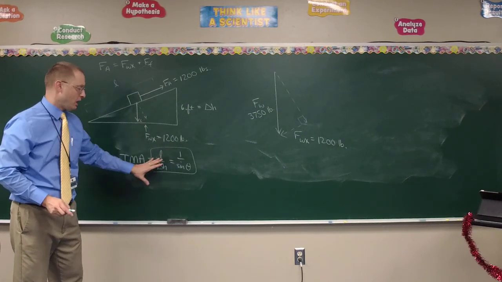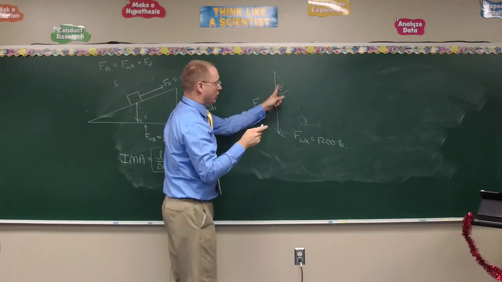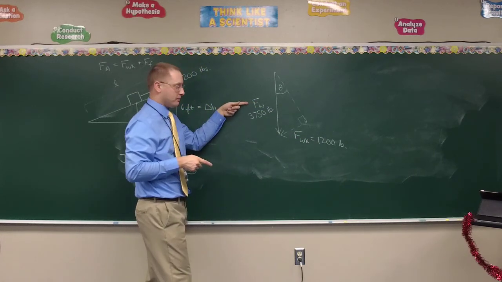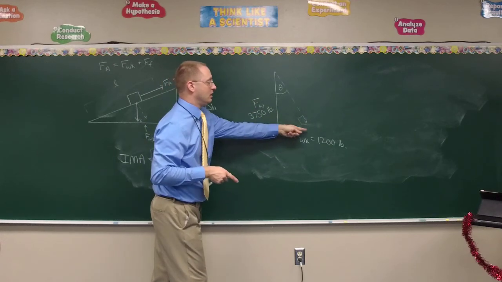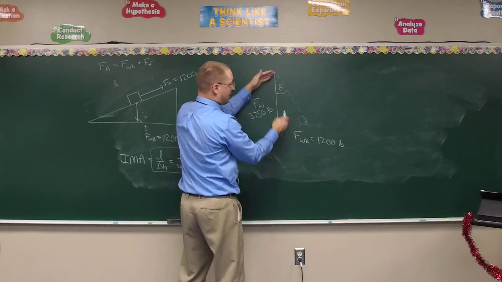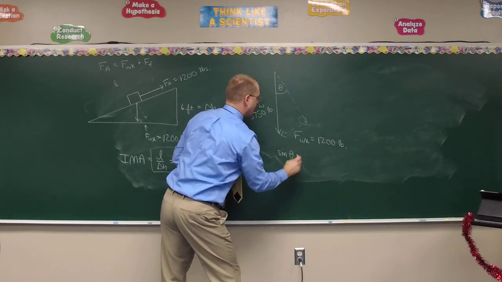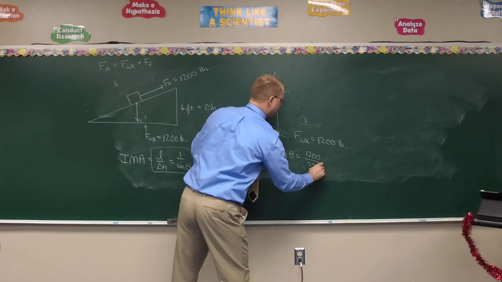Does that make sense? Here's the deal. I can find the theta based on the weight in the x and the true weight. What trig function relates these two things? Tangent. Or no? Sine. This is the opposite. This is the hypotenuse. I know that the sine of theta equals opposite 1,200 over hypotenuse 3,750.